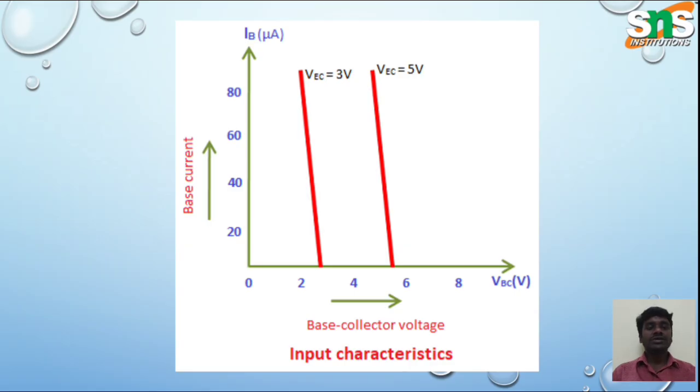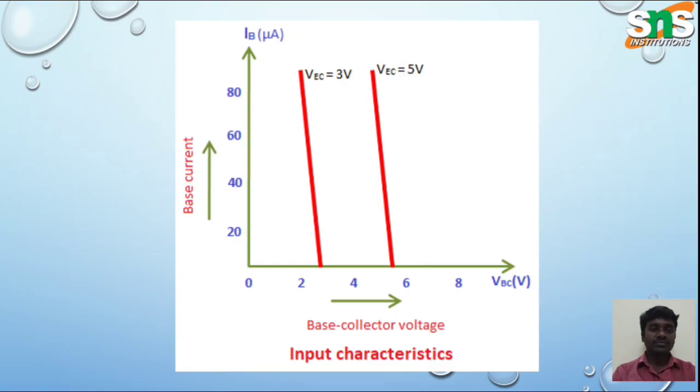This is the input characteristics for the common collector configuration. On the x-axis we have taken VBC, and on the y-axis we have taken IB as the current. We increase the base collector voltage while maintaining VEC constant, at 3 volt or 5 volt.